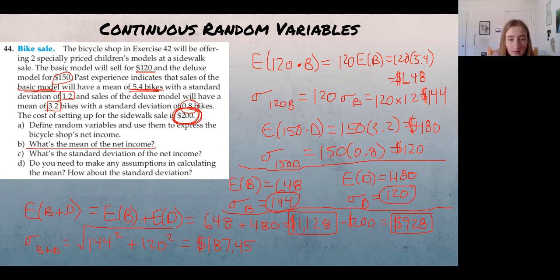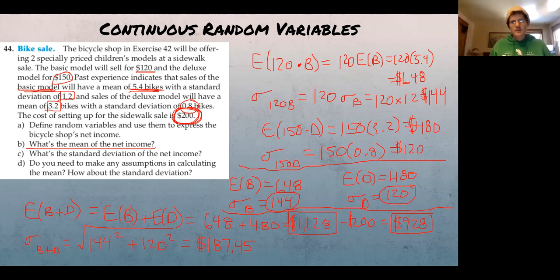No, it will not, because the standard deviation is the spread of the data. And that shifting of $200 is basically, remember, like taking this distribution and shifting it down by 200. But the spread will stay the same. So now we can say that our standard deviation here is $187.45. The mean, once you've factored in the $200 loss that we have to take every single time, is, there you go, 928.